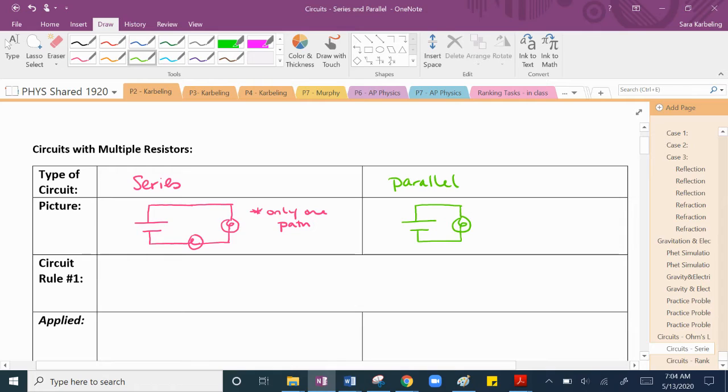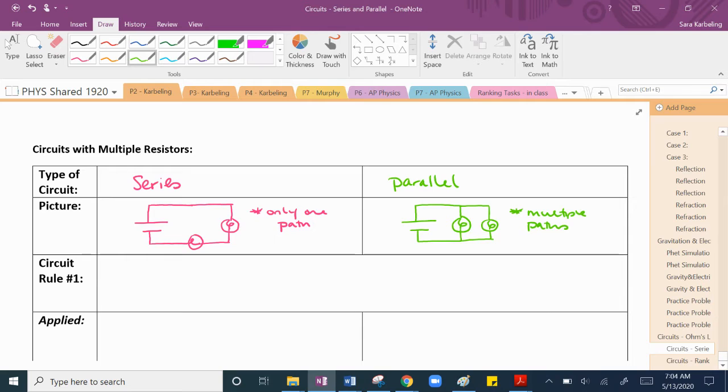And electrons might just go through that path right there, or they might take this path over here through a different bulb, okay? Now, in this one, we're going to say we have multiple paths, and those paths may be identical and they might be different. So we might have different bulbs, we might have the same, or resistors, same kind of deal.